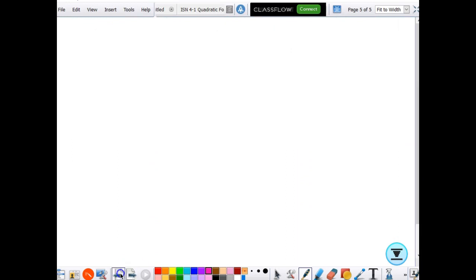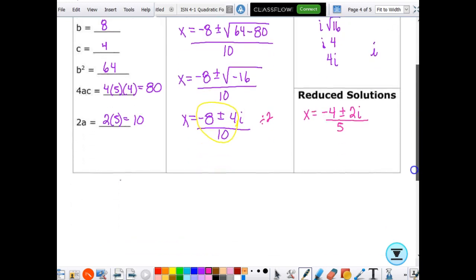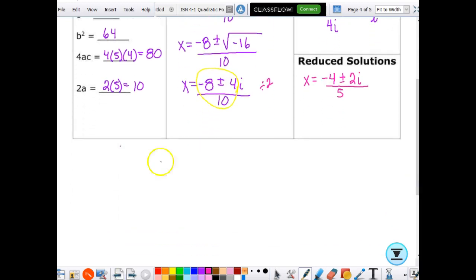And that's all it. Okay, so I said I was going to give you an example of one that doesn't reduce. Let's just pretend we had negative 8 plus or minus 3i over 10. Everything's changed, like that 4 is a 3. Well, 8 and 3 and 10 don't divide by the same number. So you would just leave that, okay? Let's say we had them all divided by 2. You can have them all divided by 3.